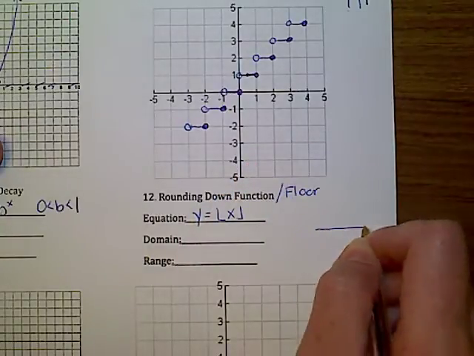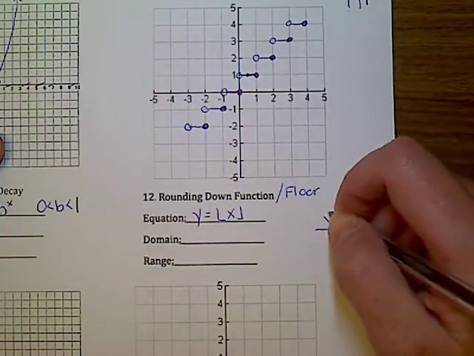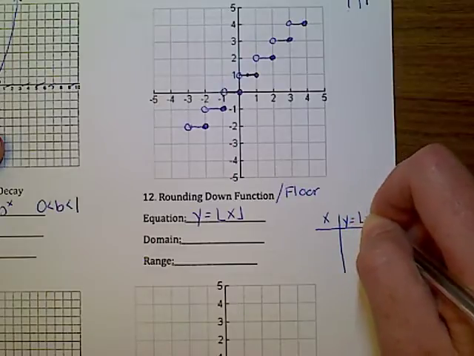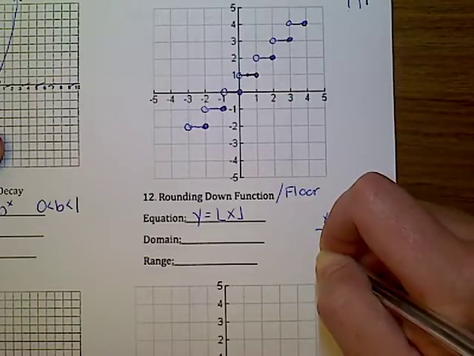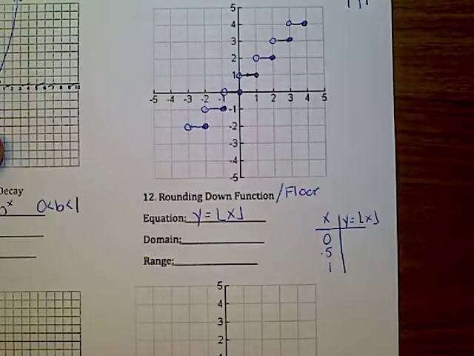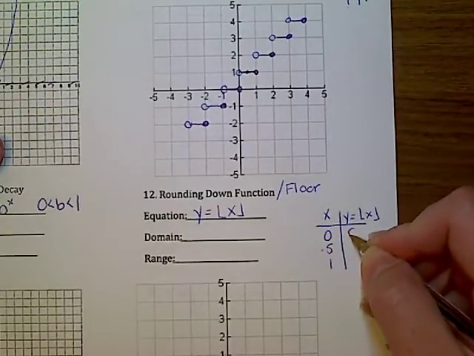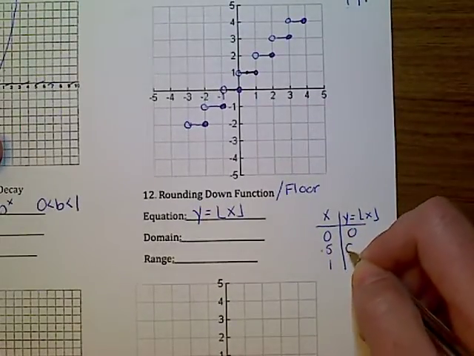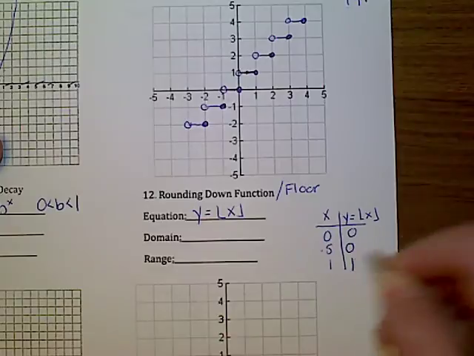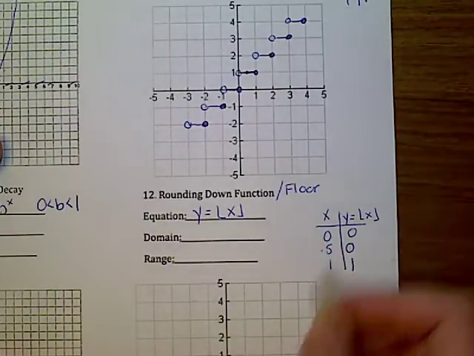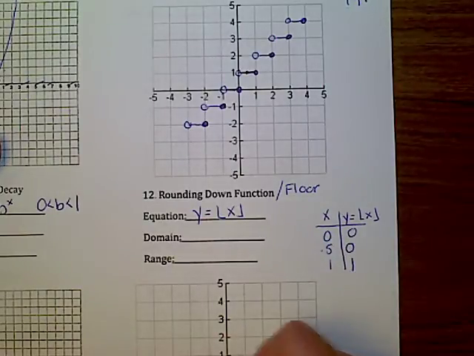so again, I like to make a little chart just to help me remember. Zero would stay at 0, 0.5 would round down to 0, and 1 would be at 1. So we can plot some points. 0, 0, filled in. 0.5, 0, which would be about right here, and then 1, 1, which would be here.